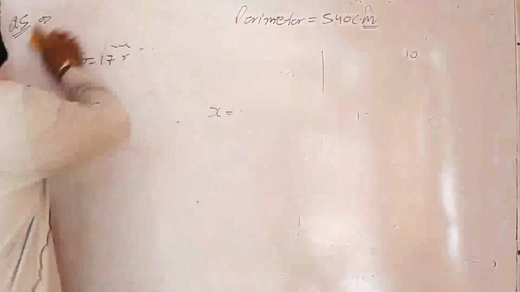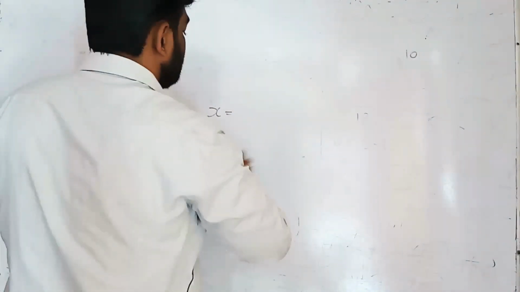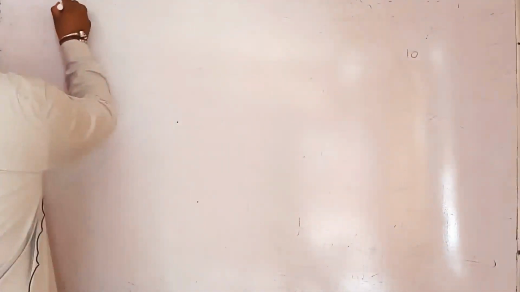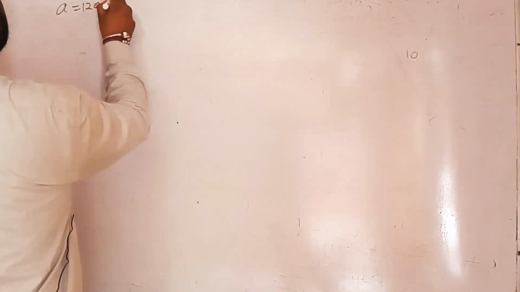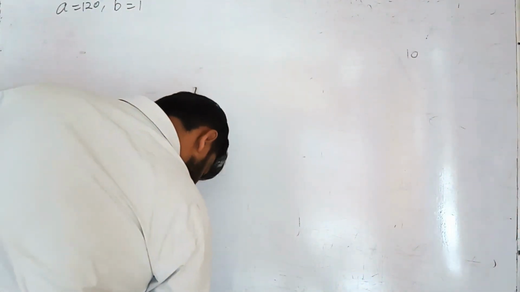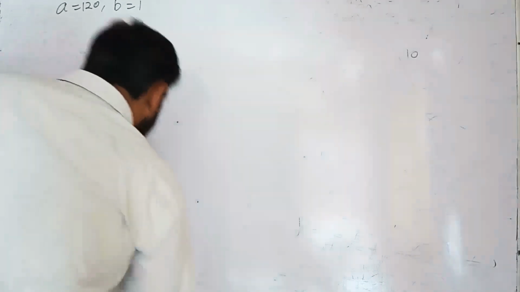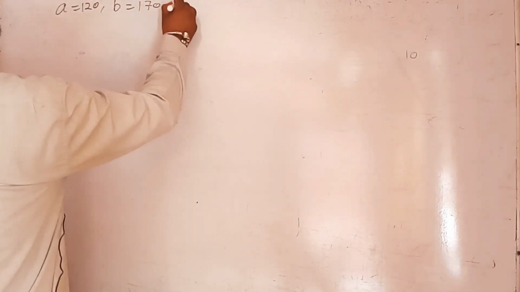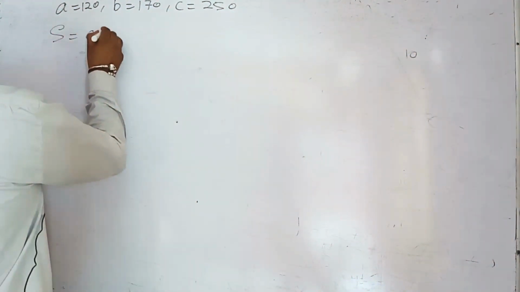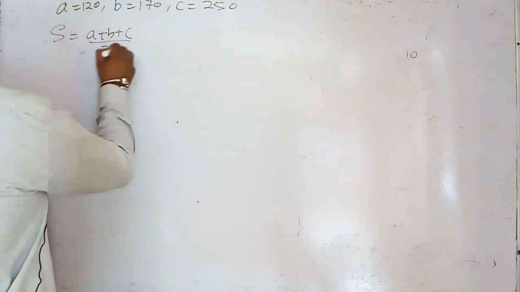So how we find the area of the triangle? Because A is given as 120, B is 170 and C is equals to 250 over there. So we have to find the value of S, that is A plus B plus C upon 2.